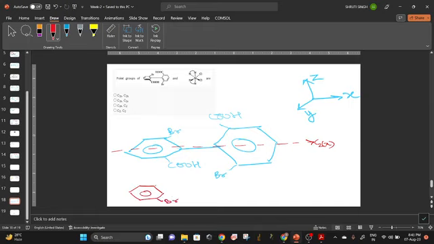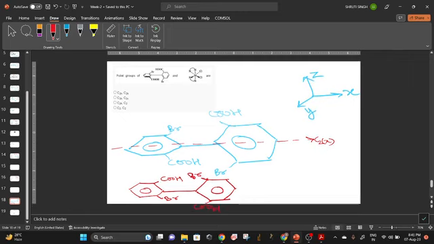Bromine will come here, and here will be the acid group, and here bromine will go up, and here will be the acid group. So this is not the equivalent configuration, so this C2 is not present.